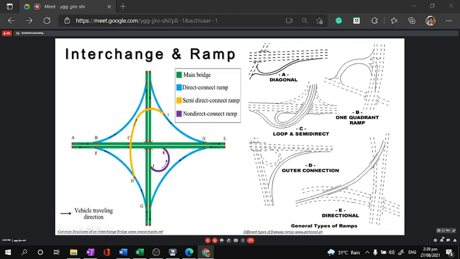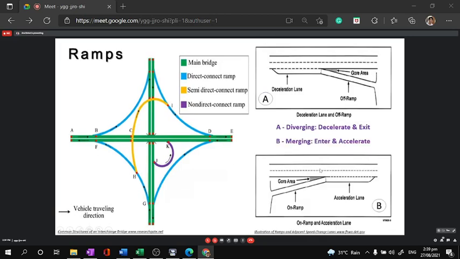So you have diagonal. Diagonal is really just like a loop, a semi-direct loop. One quadrant is one leaf, and then the outer connection is like this one, blue, and then the directional type is this one. This is the directional type. Okay. So these are different types of ramp for an interchange.